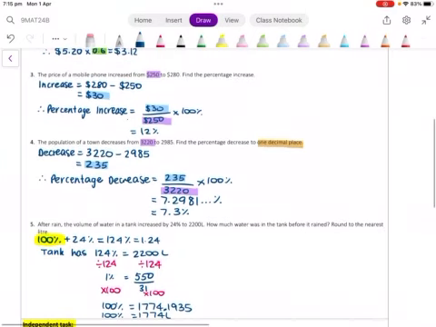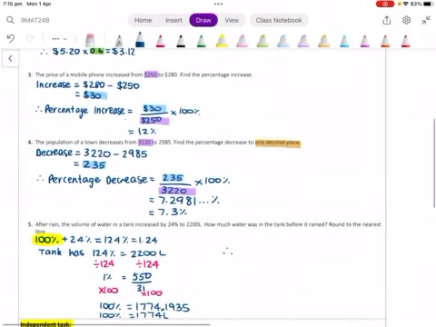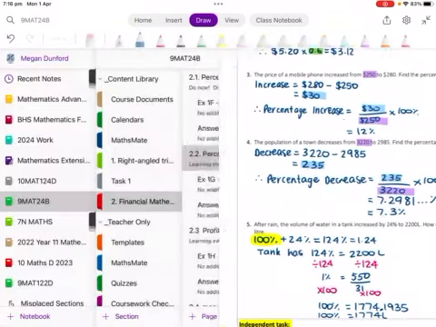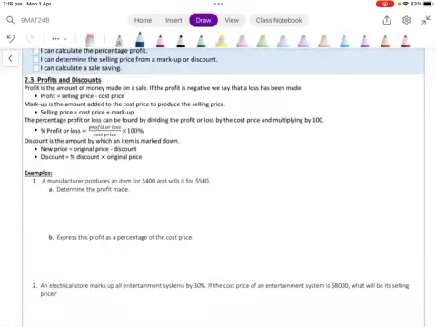So that is therefore the original tank volume before it rained, is 1,774 litres.